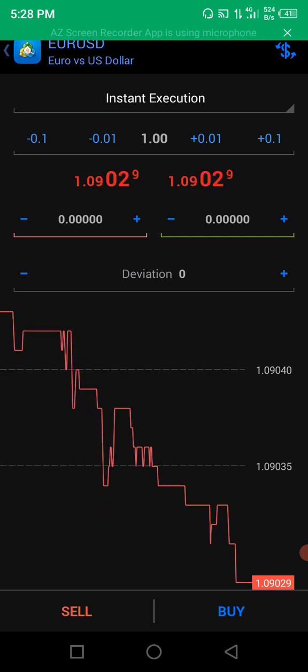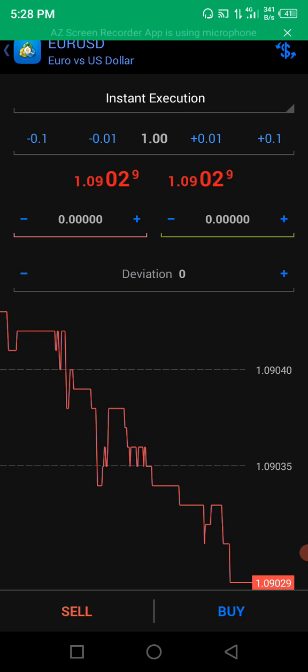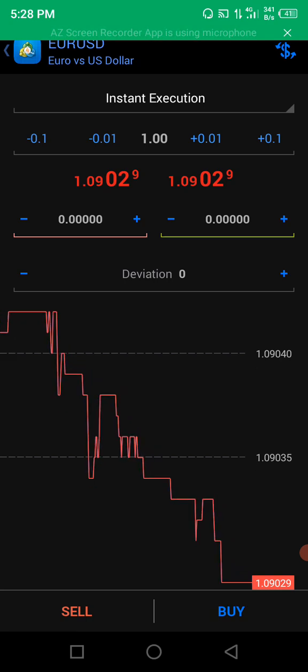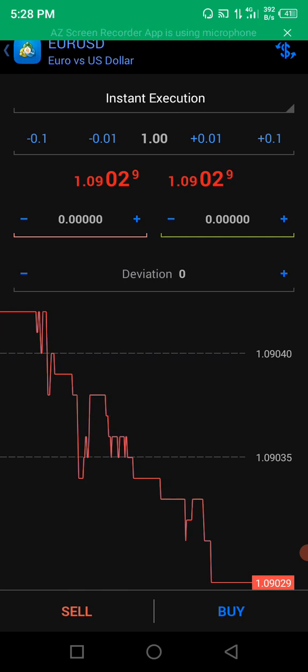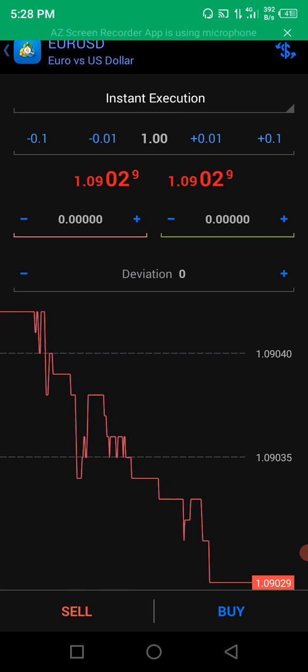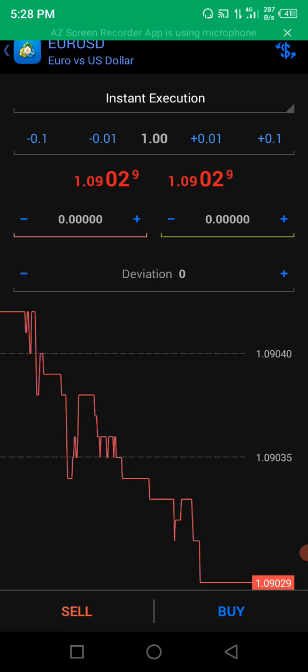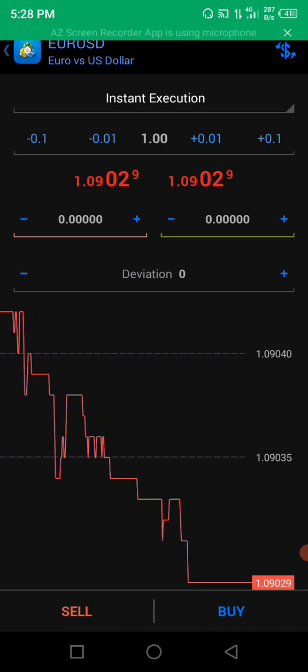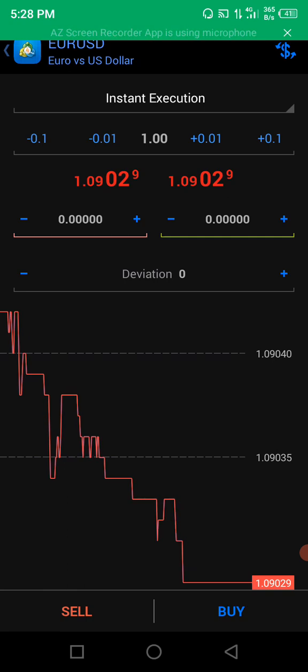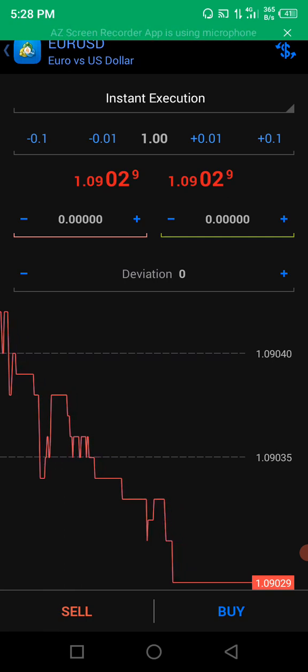Of course, lot size begins from 0.01 to infinity. So depending on your account size and your stop loss, you want to accurately know the correct lot that you should be putting on a particular capital.